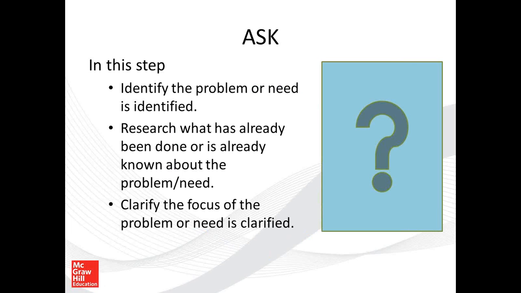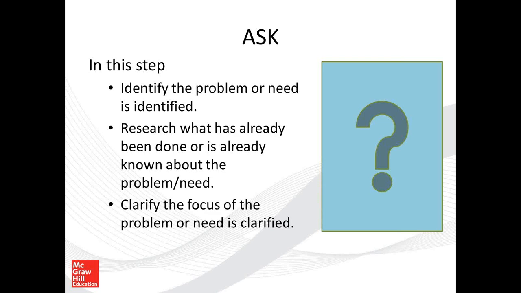In this component, the problem is identified or the need is identified. We go ahead and look at what research has already been done or is already known, because there's no point in trying to solve a problem that's already been solved. And we clarify the focus of the problem. And in this case, what we're talking about when we try to get students to understand how to develop the ability to ask the right question to research, sometimes with our students they become very, very broad.